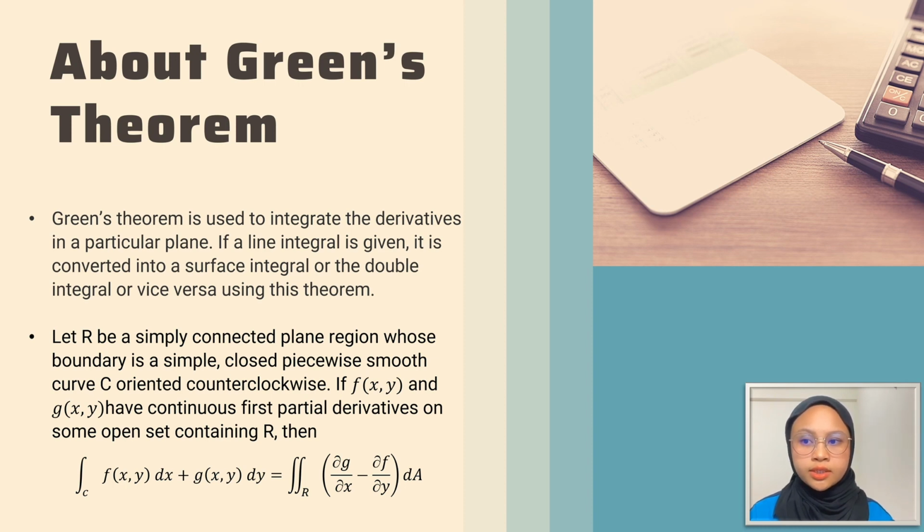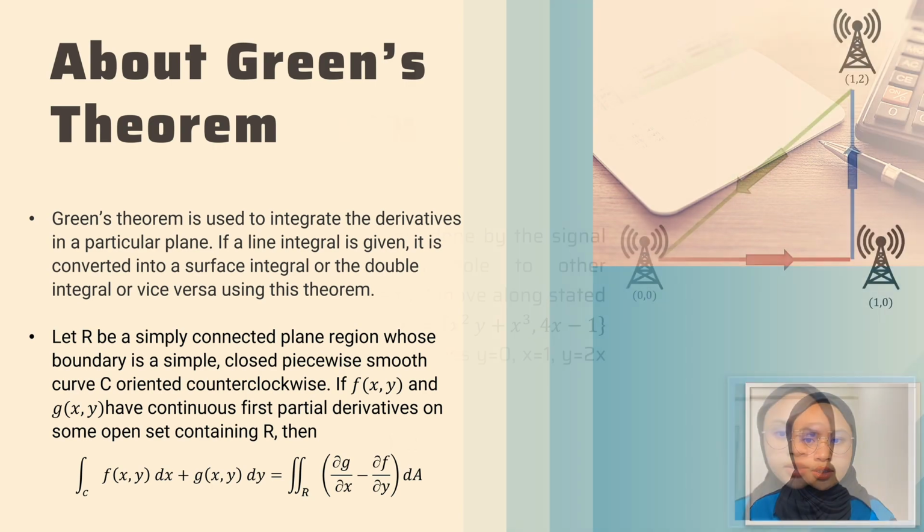If f(x,y) and g(x,y) have continuous first partial derivatives on some open region contained in R, then the integral over C of f(x,y) dx plus g(x,y) dy equals the double integral over R of (∂g/∂x minus ∂f/∂y) dA.